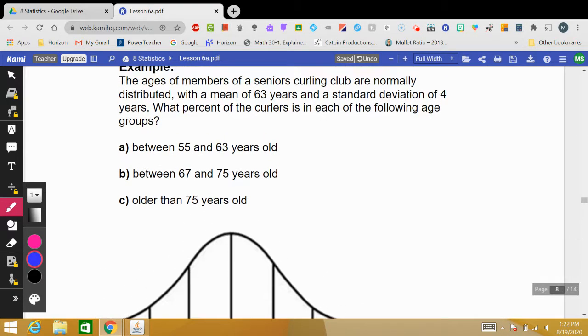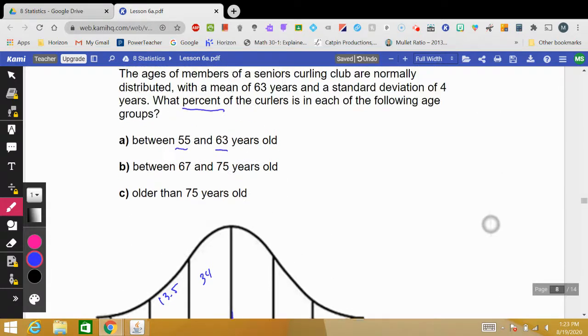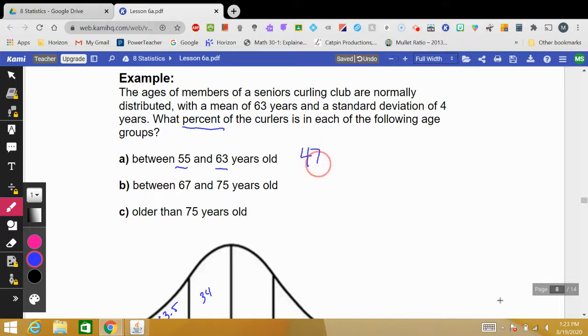So the question said, what percent of the curlers is in each of the following age ranges? So 55 and 63. 55 is right here, 63 is right here. So again, this one's 34, this one's 13.5. So we're just going to add those two numbers up, and you get 47.5% of the members of that club are aged between 55 and 63.